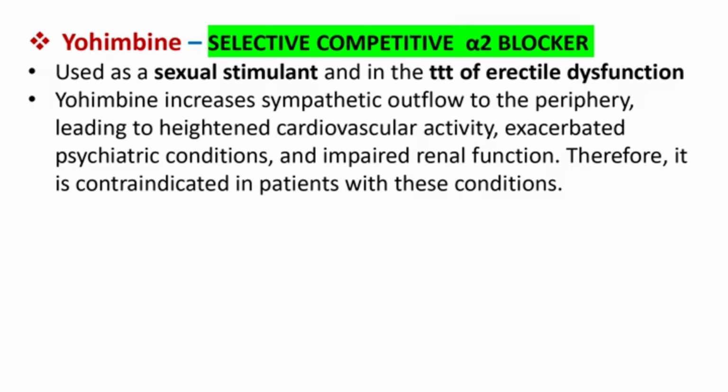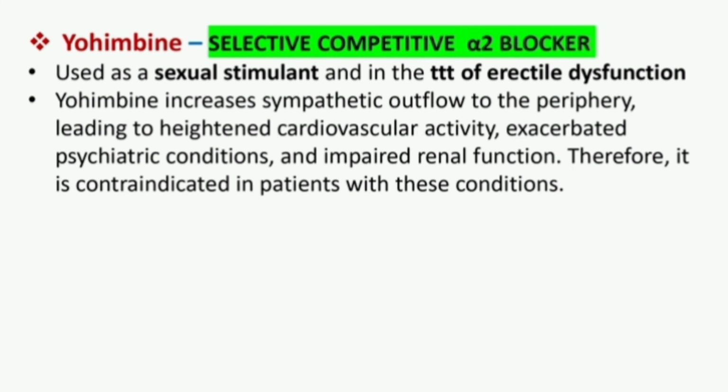Yohimbine increases sympathetic outflow to the periphery, leading to heightened cardiovascular activity, exacerbated psychiatric conditions and impaired renal function. Therefore, it is contraindicated in patients with these conditions, mainly psychiatric conditions and cardiovascular problems.